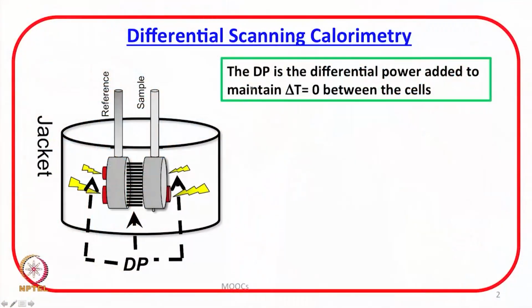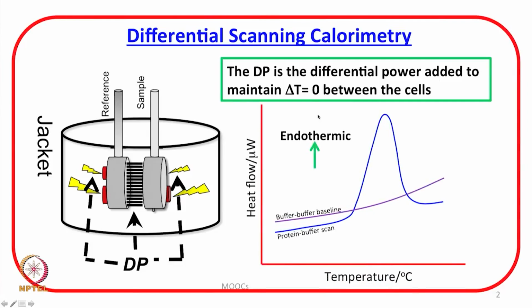And then we talked about what is measured: the differential power, which is added to maintain delta T zero between the cells, and we went on to discuss that when the protein sample is heated, we get a transition.